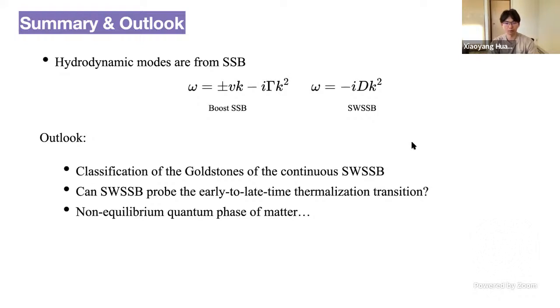For example, in pure states, we know there are type 1 and type 2 Goldstone modes that we can classify regarding the symmetries that we have. And there is possibly a similar classification that we can discuss for the Goldstone modes of this strong-to-weak SSB as well. And with that, I would like to thank you for your attention, and I'm happy to take questions.